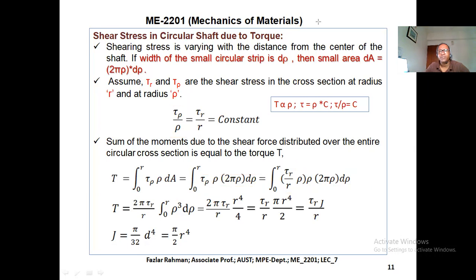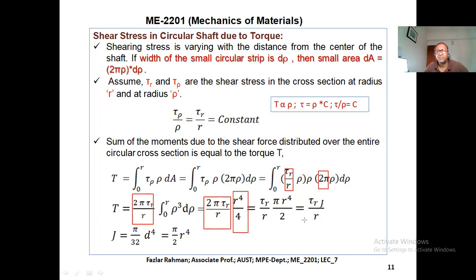Now in our integration, tau r and 2 pi go outside of the integration, and inside remains rho to the power 3 into d rho, with integration limit 0 to r. After integration, you get r to the power 4 by 4.